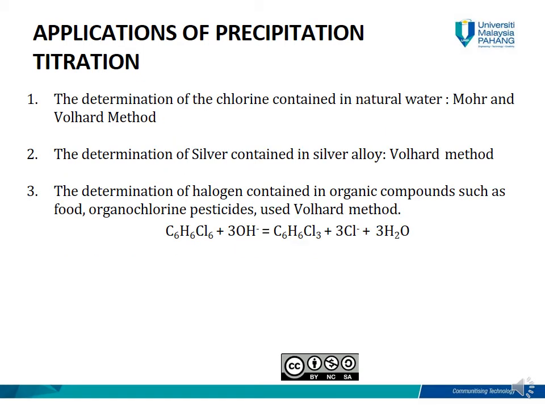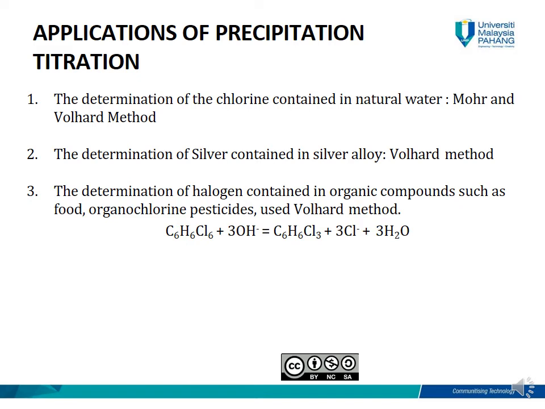And now we go to the applications of precipitation titration. Basically, the Mohr method, Volhard method, and Fajans method have been widely used in applications in food processing, environmental chemistry and any kind of field.